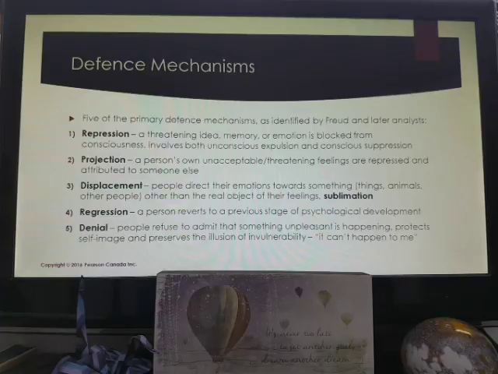And the fifth is denial. Denial is when people refuse to admit that something unpleasant is happening. They want to protect their self-image and preserve the illusion of invulnerability, so kind of that "it can't happen to me" feeling. They basically hide the problem and pretend it doesn't exist.